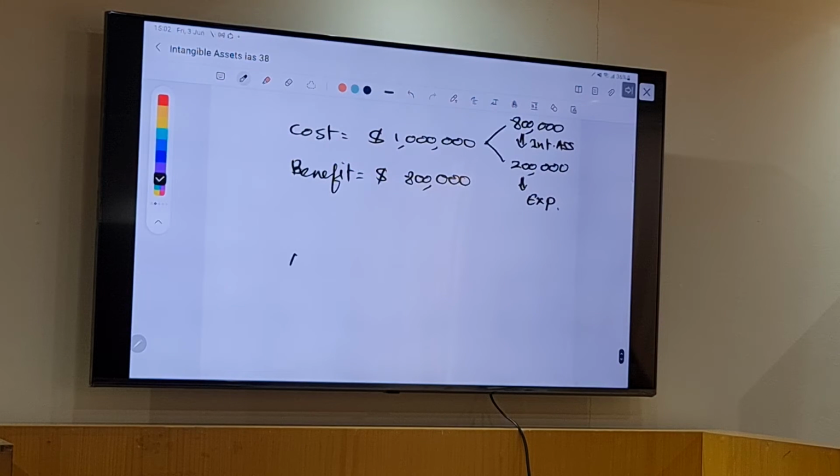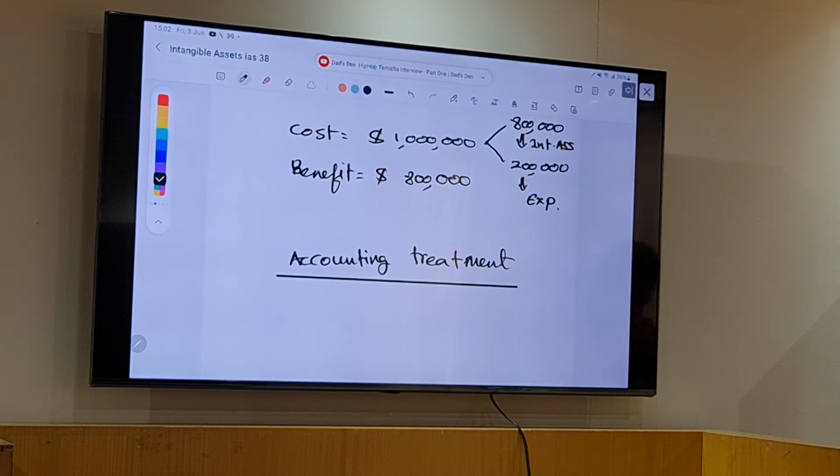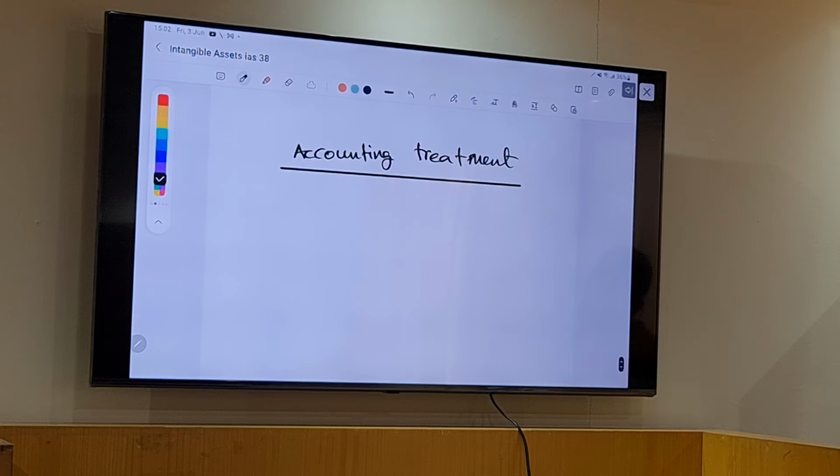Now we talk about accounting treatment. The research expenditure accounting treatment is very simple.